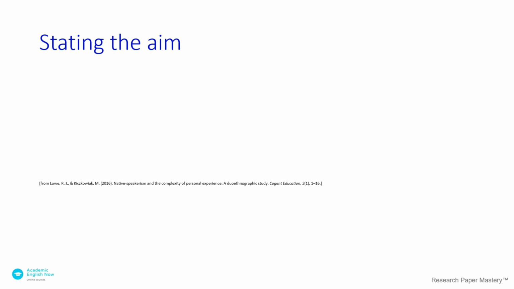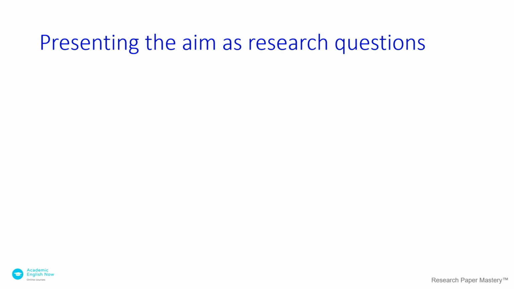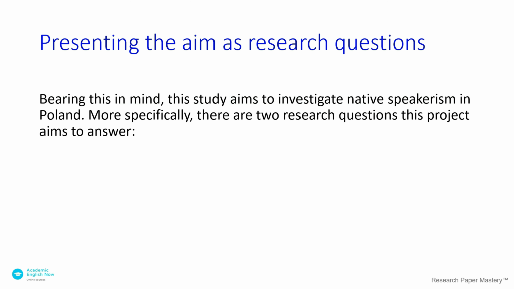So let's look at how this is done in practice, right? So in here, you've got the aim as a statement, right? "The aims of the study were to," and we state basically the aim in one sentence. We can also do that as research questions, but as I said, probably not very common in research papers, but maybe you'll find it in your field. So do check.